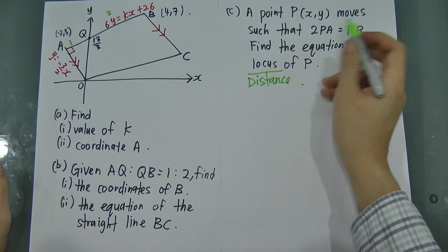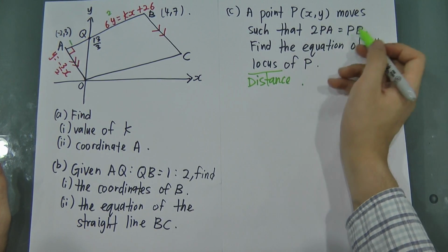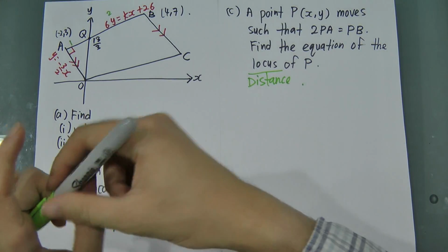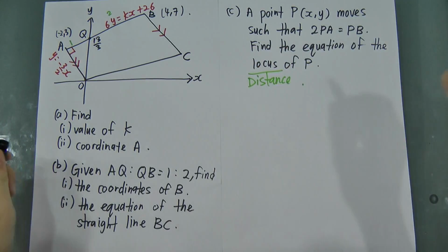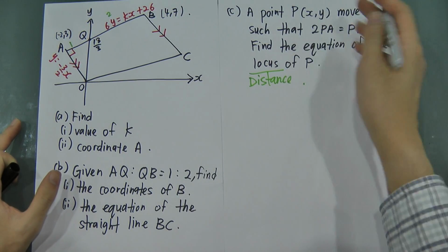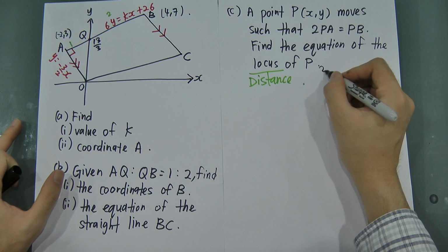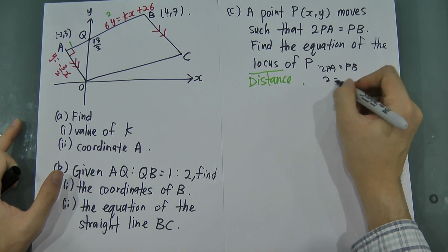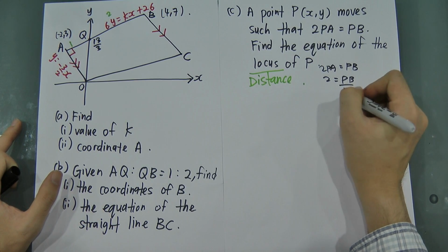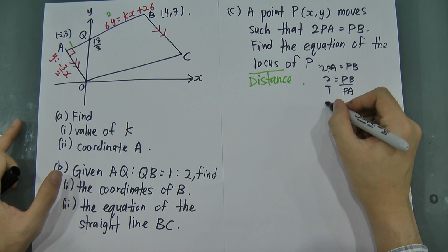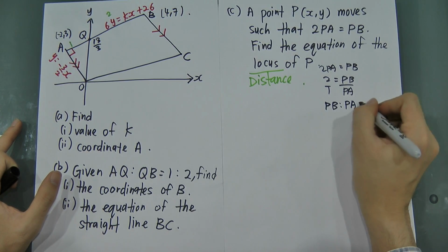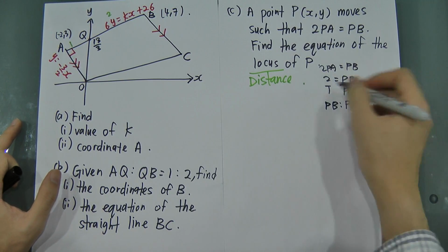Okay, so if you're not so sure about this one, you can actually straight away substitute in. But if you are a person like me who wants to explain, I'm going to show you the ratio first. So 2PA equals PB. So 2 equals PB over PA. I'm going to work out the ratio. So therefore, PB to PA equals 2 to 1 because of the fraction.